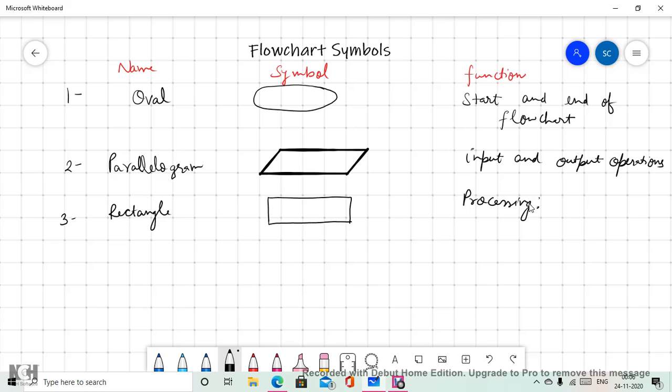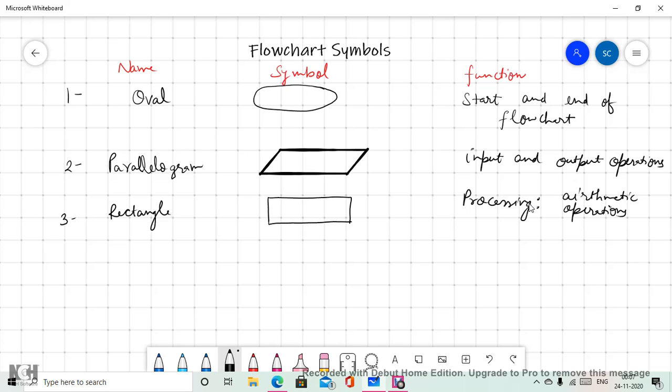Now when I say processing, that means all arithmetic operations, that means addition, subtraction, multiplication, division.